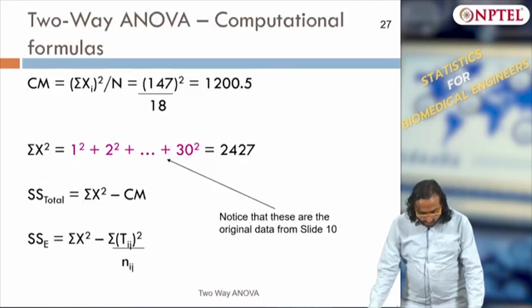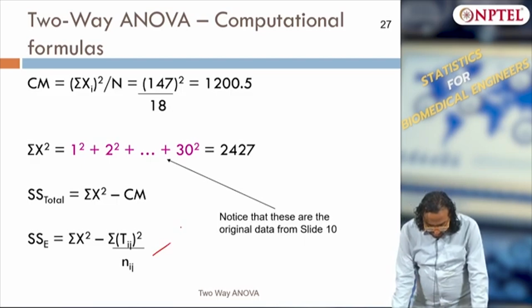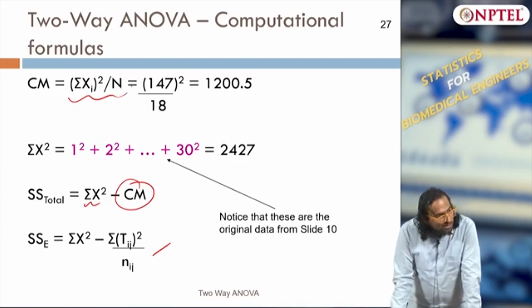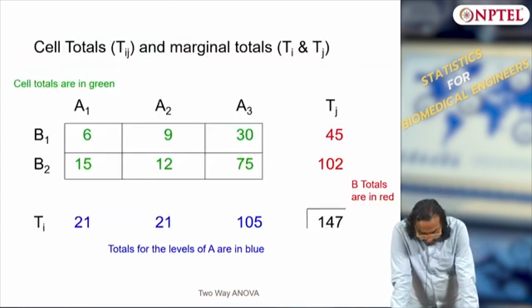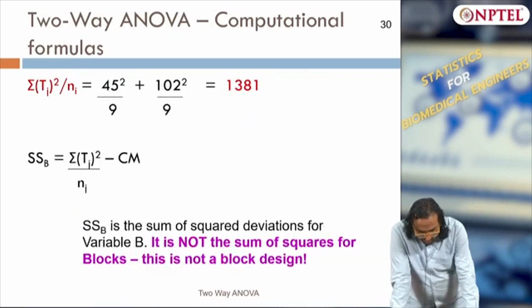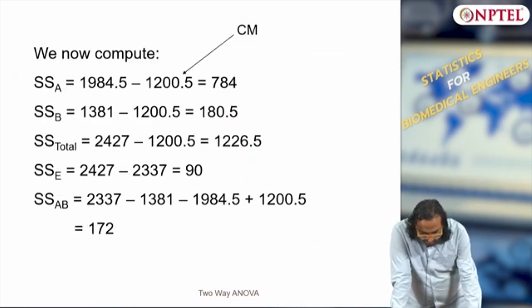So the sum square total, okay, sum square total is what? Whole data minus the common mean. The common mean is sigma xi square by n, whatever, right. So here I have used the same idea.